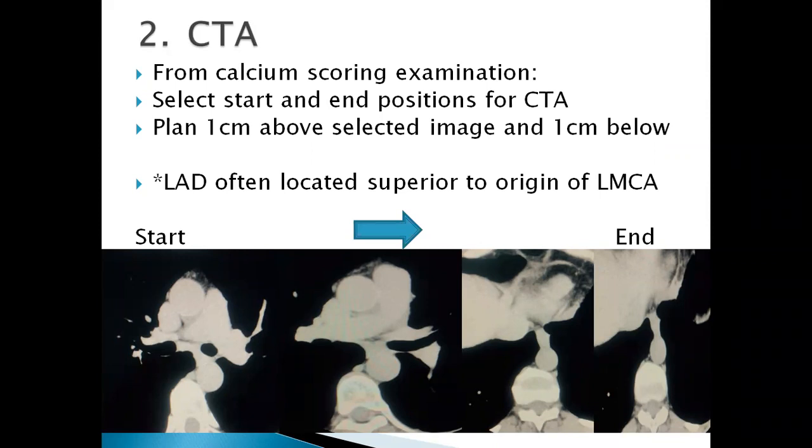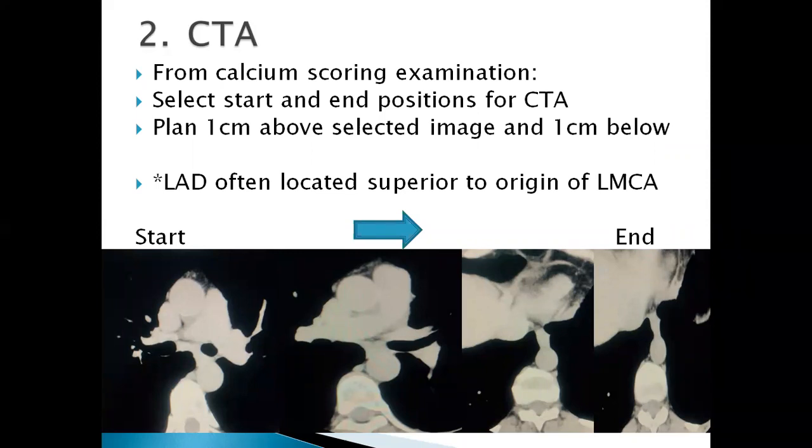It's always advisable to pick a few centimeters of the liver, because sometimes the breath holding may not be very consistent. So if you go right where the heart is ending, you may end up, when you're doing the actual scan, cutting off part of the heart. So you want to go a few centimeters with some liver tissue, just to make sure that if there's any inconsistency, the whole heart is still covered.